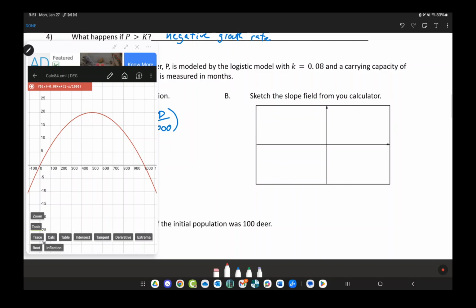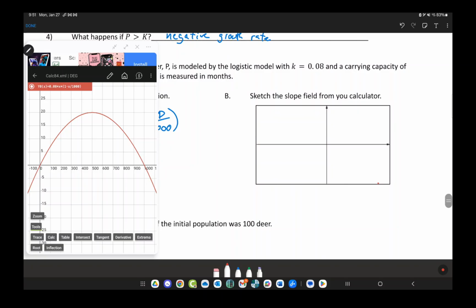What this tells us is anything at 0 and below is going to have a 0 slope, since it can't have a negative. I'll have a negative slope after it reaches its population maximum.